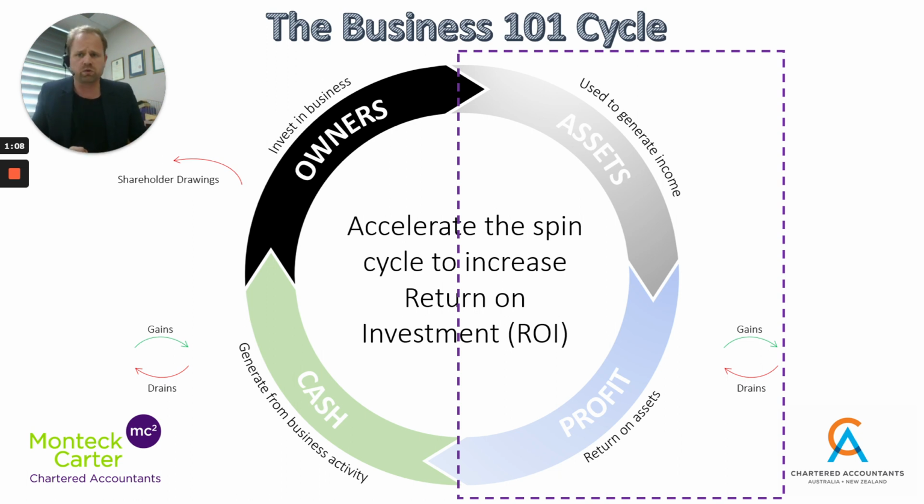And this ties quite nicely into the 7 ways to grow your business. Now, there are 2 ways you can look at it. One's being on the profit and loss side, and that's what we're going to look at today. There's also some areas in the balance sheet that you can focus on. We'll look at that next week. So for today, we're just going to focus on the profit and loss.